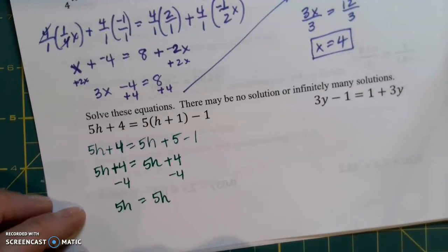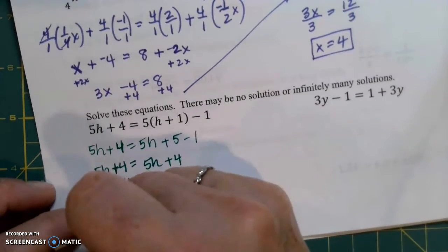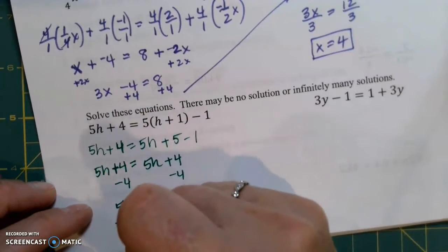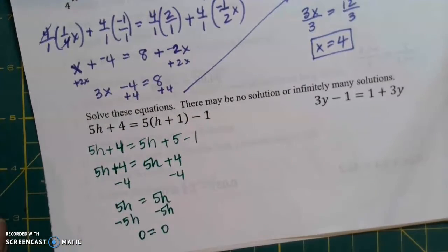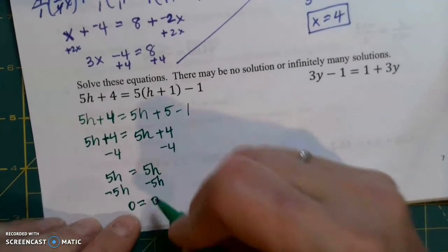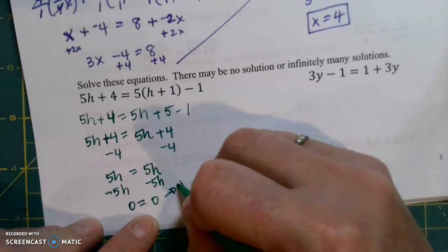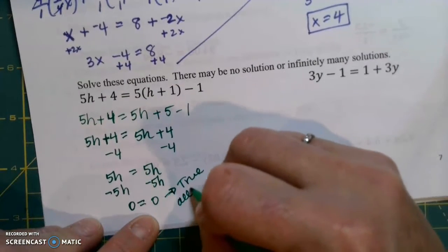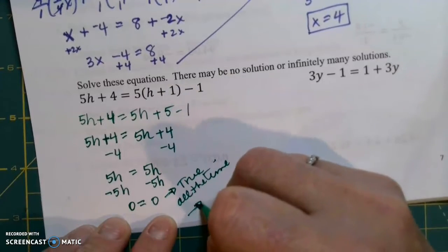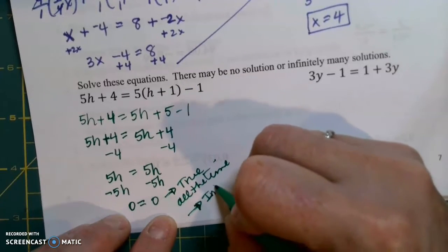And then we would subtract the 5h from both sides to get that moved over. So we end up actually getting 0 equals 0 at the bottom of this if we worked it all the way through. And this is a true statement all the time. So that means that it is infinitely many solutions.